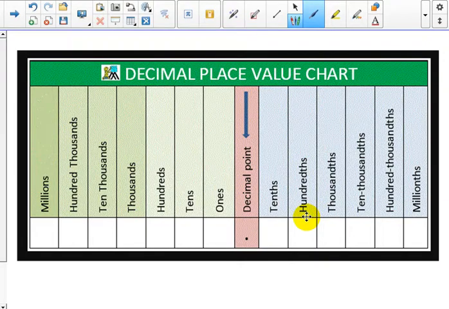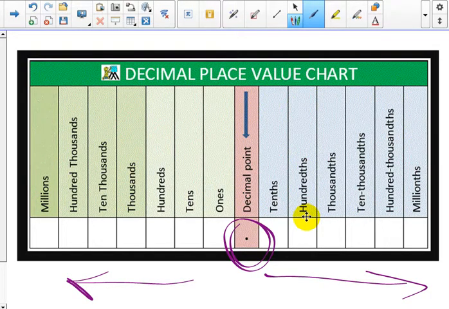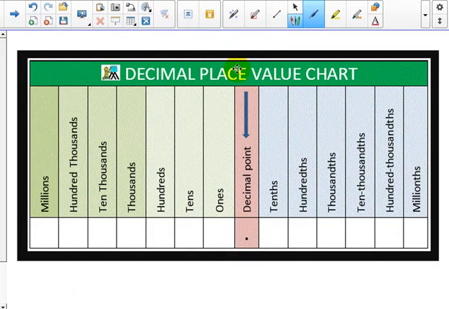But if you notice this chart, here's your decimal in the middle, and then the whole numbers run that way, and decimal portions run this way. So if I had 3,000, it means I'm going to put 3 in my thousands position. What if I had 3,541?